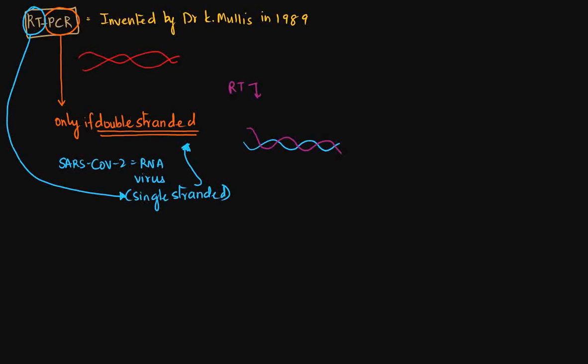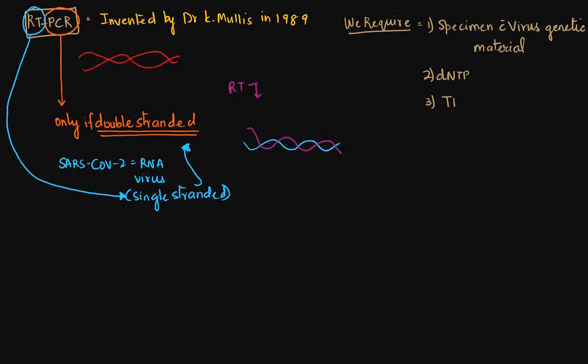Let's see what we'll need. Number 1, specimen with the virus and its genetic material. Number 2, nucleotides. Now these are the bases which are required to synthesize complementary strands. That is, they will lead to elongation. Number 3, Thermus thermophilus polymerase.